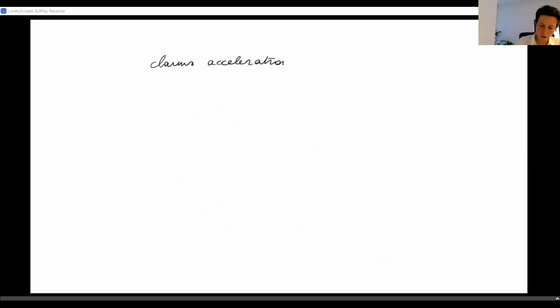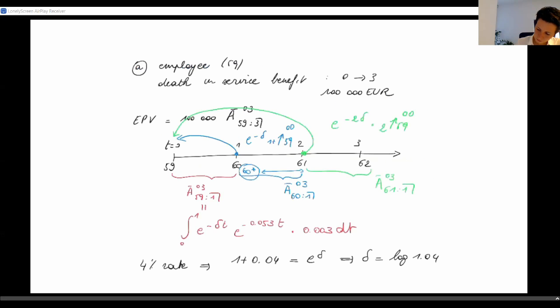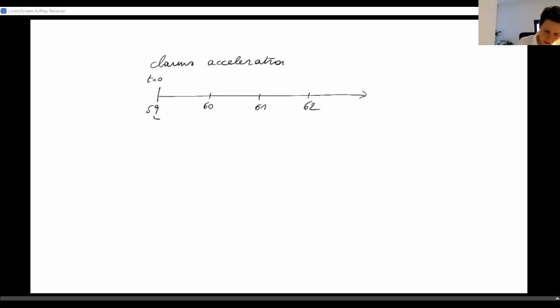example. So what we do now is, I'm going to draw my timeline again. I'm age 59 at time 0, got age 60, 61 and 62. And now I'm saying if death occurs in the first year, and I used, let's do black here.